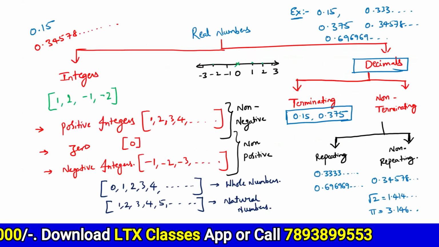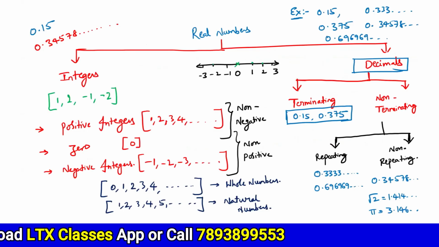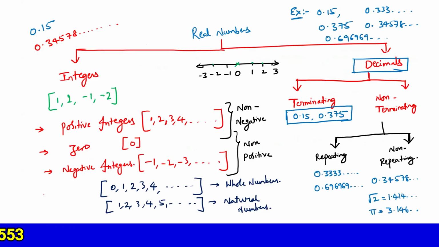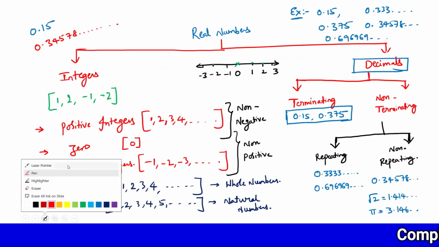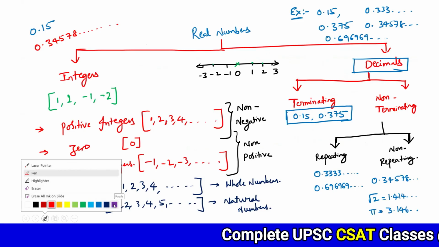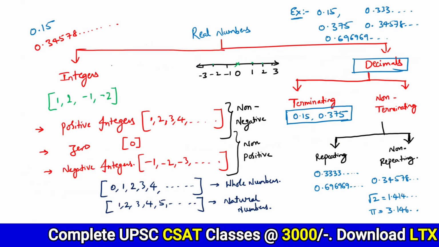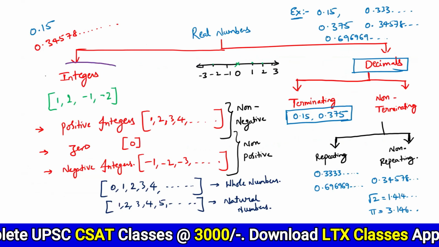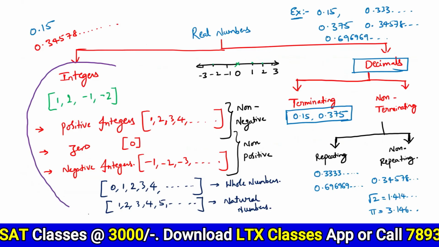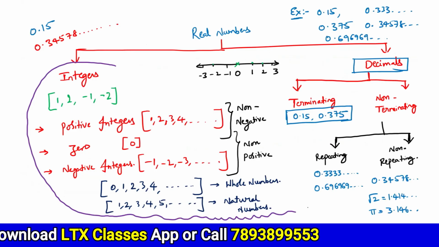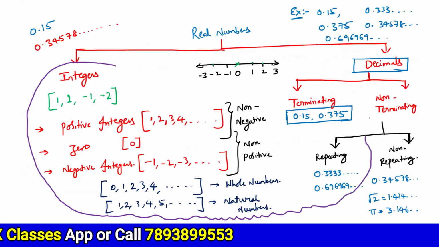And now tell me, out of all these examples which I wrote here, like integers, decimals, terminating, non-terminating, repeating, non-terminating non-repeating, which will be considered as rational numbers? I think now the doubt will be cleared for you. Terminating and repeating decimals, integers, fractions.